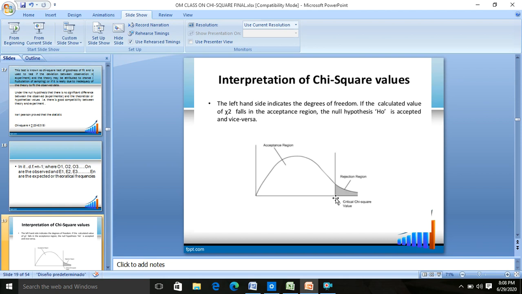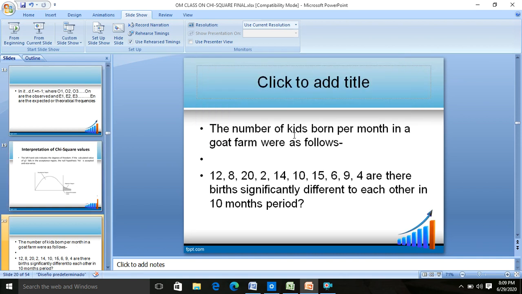When we talk about any life-saving medicine or very vital research, we increase the level of significance from 0.05 to 0.01 and so on, to reduce the percentage of error. So at the alpha percentage, this is the rejection region, this is the acceptance region, and this is the critical value.